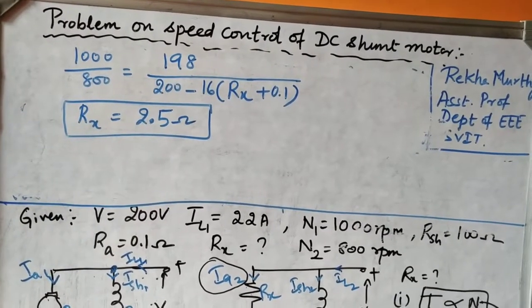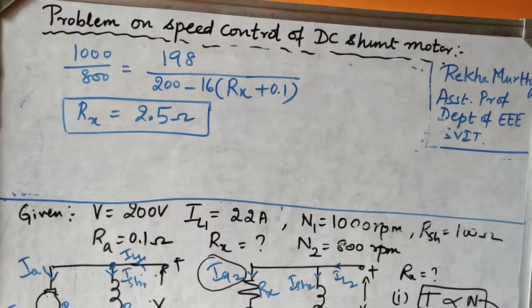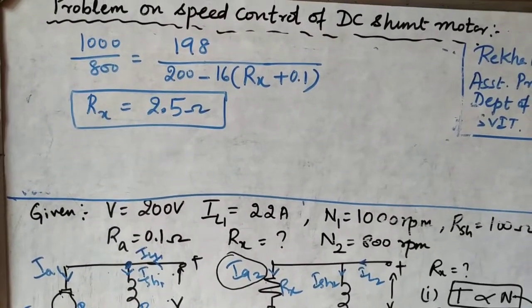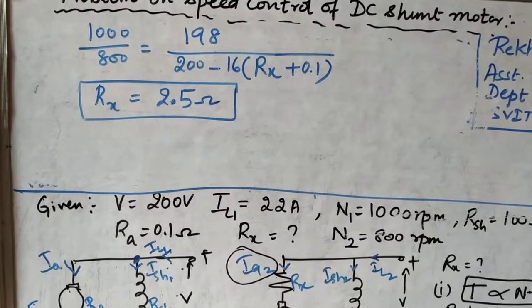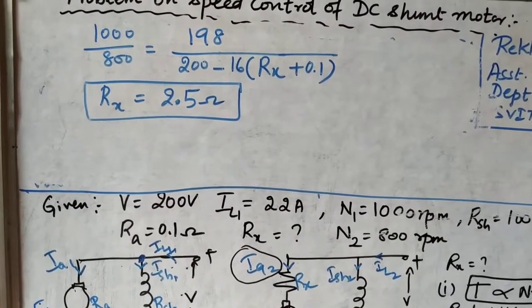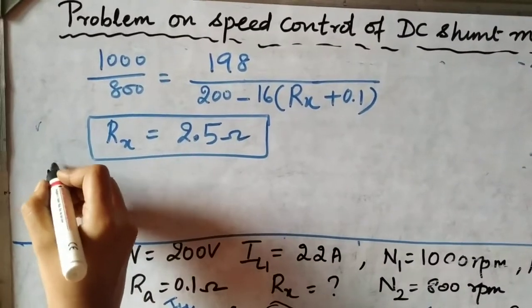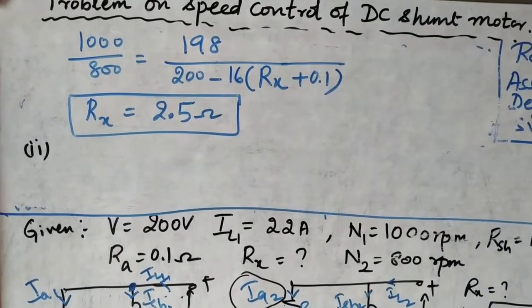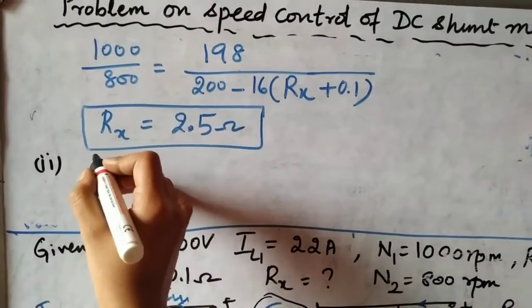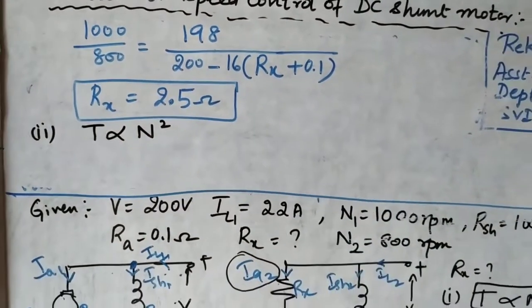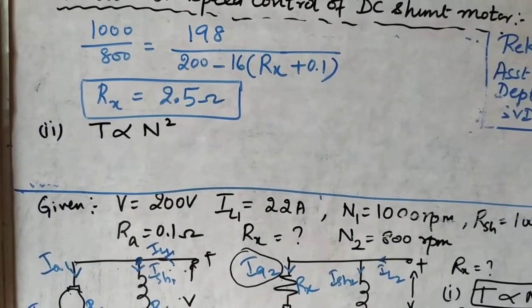Next, moving on with the second case, how to find out the unknown value of a resistance. For the second case, they have given that the load torque varies as the square of the speed. That means T is proportional to N square.